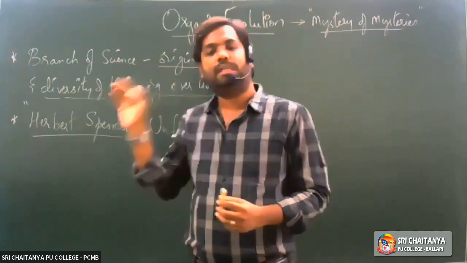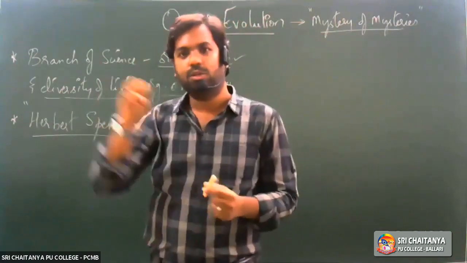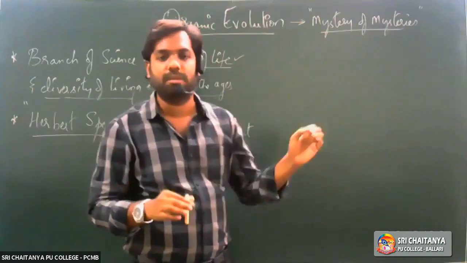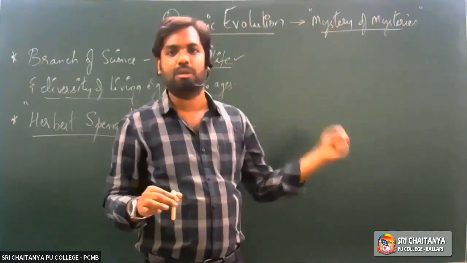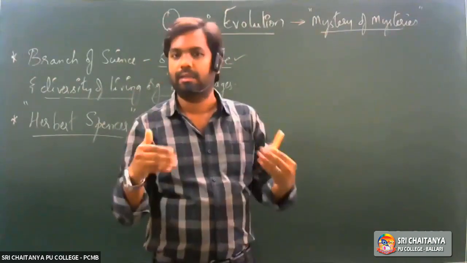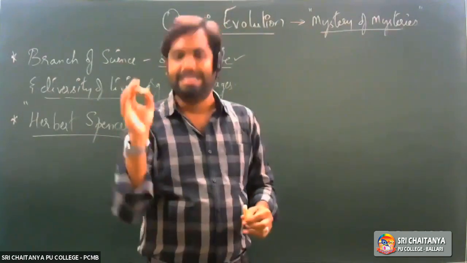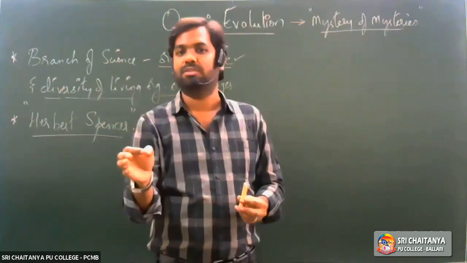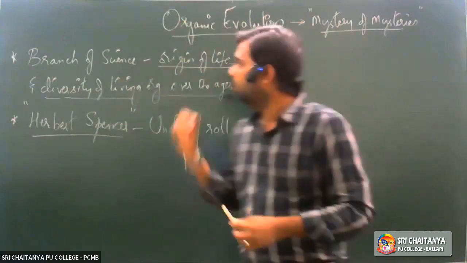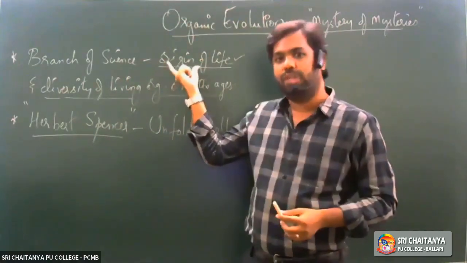One thing we need to understand before we get into the topic is that whatever statements were made by the scientists are all considered assumptions or hypotheses, because no one actually knows how life originated on Earth.